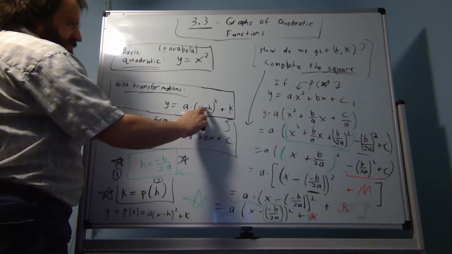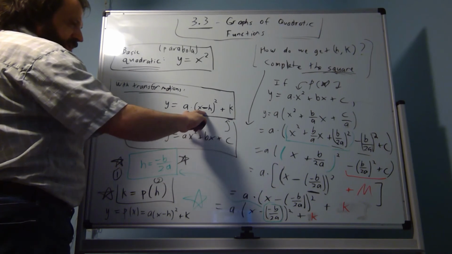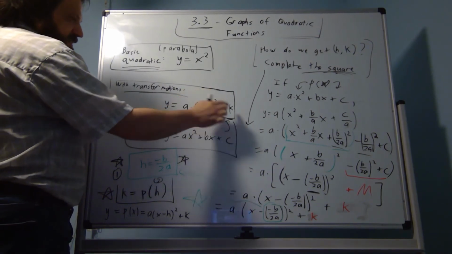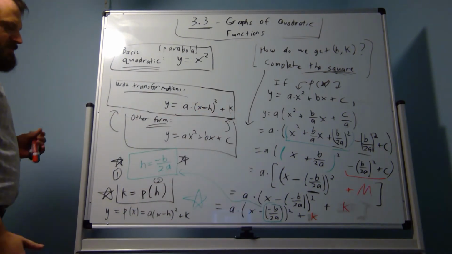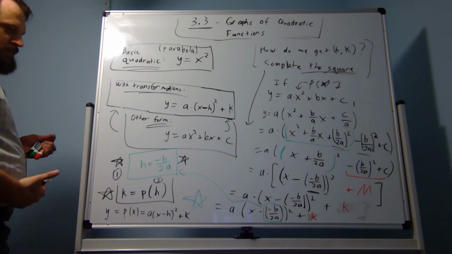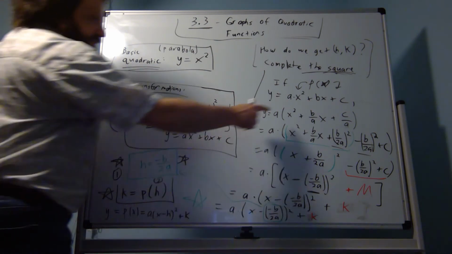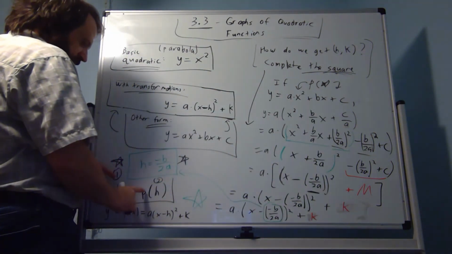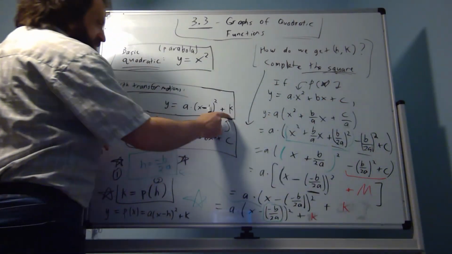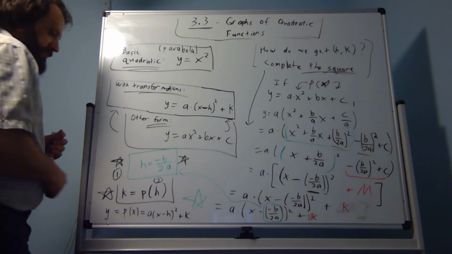If you plug an h into a parabola in hk form, you know that plugging in an h is going to make this vanish, and then whatever's left over is k, because it's an actual point on the graph, hk. So you plug h in for x, whatever's left over has to be k, because it's a point on the graph.